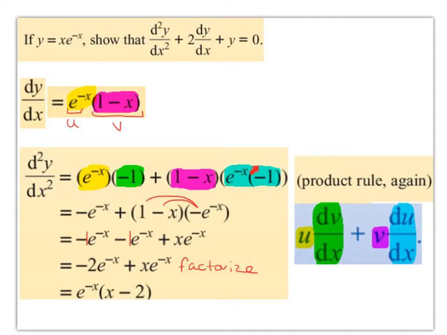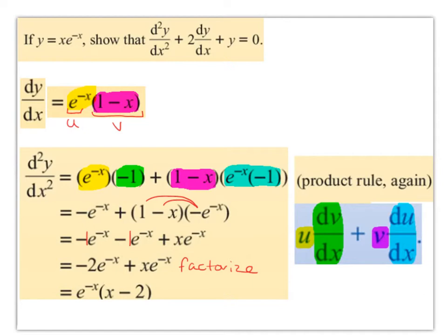And e^(-x) multiplied by -1 is -e^(-x). Then again we bring down -e^(-x). And next we're going to multiply these brackets. So 1 multiplied by -e^(-x) is -e^(-x), and -x multiplied by -e^(-x) is going to be plus x e^(-x).